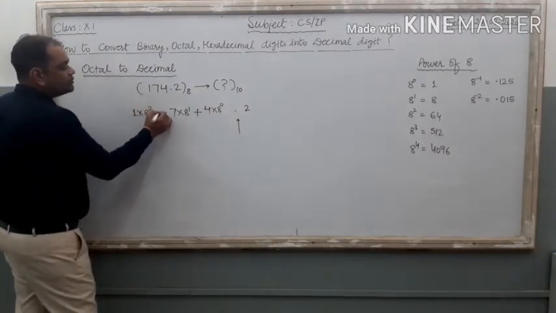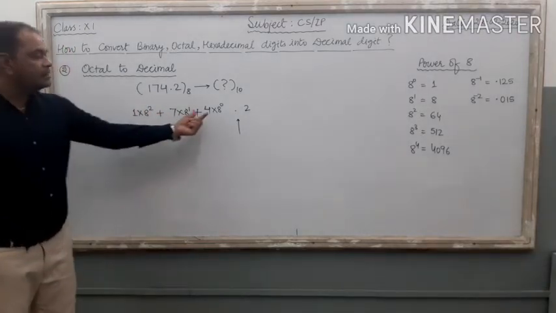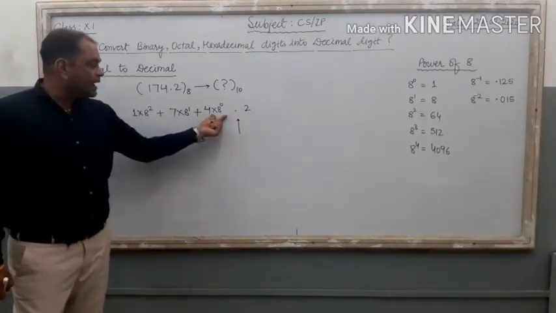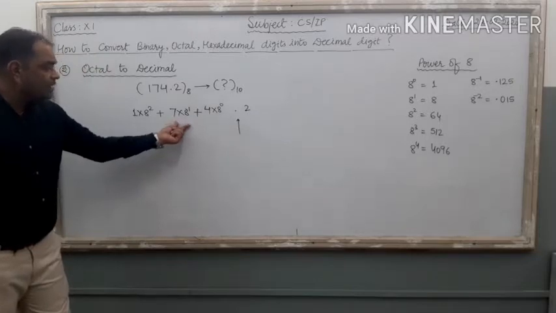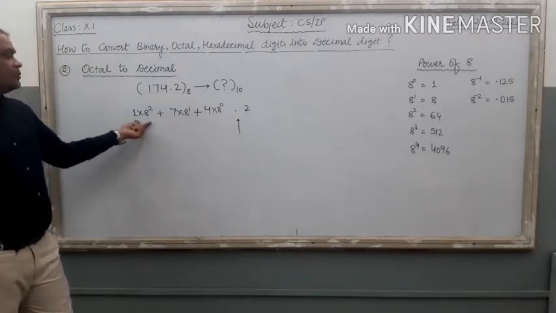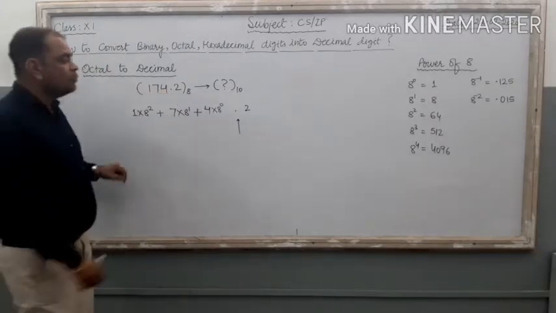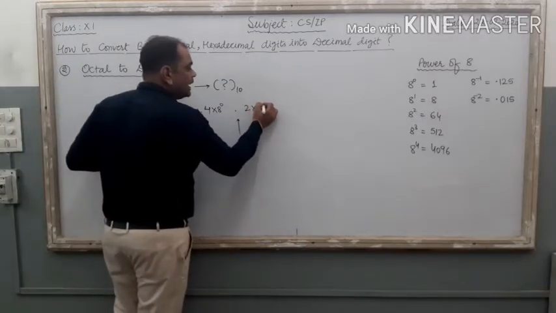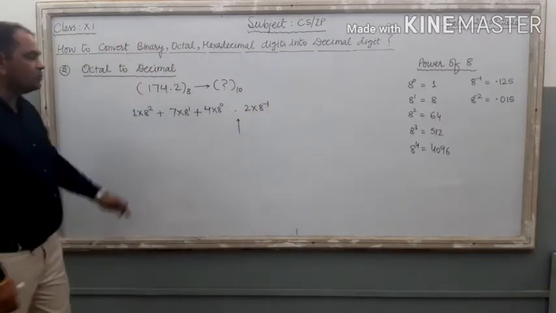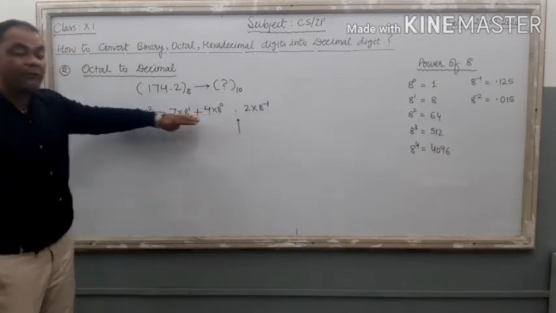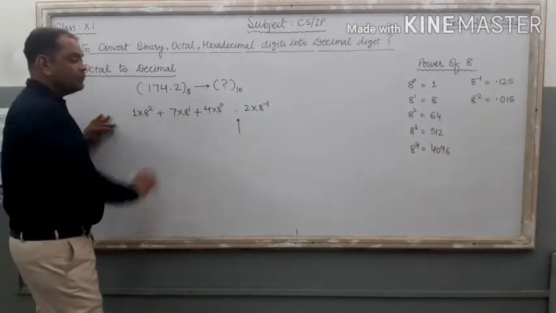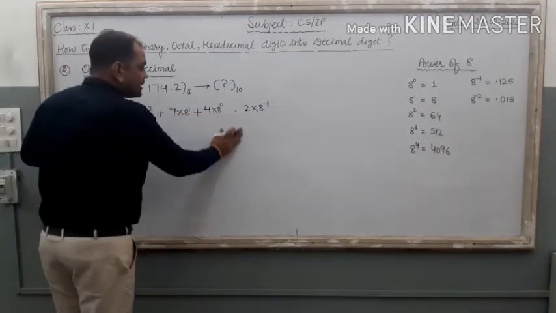Here 1 into 8 raised to power 2. Right? Start from the rightmost part. 4 into 8 raised to power 0, 7 into 8 raised to power 1, 1 into 8 raised to power 2. Right? Now point 2. Here we use the negative power of 8. So the formation, the very first step, looks like this. Clear?